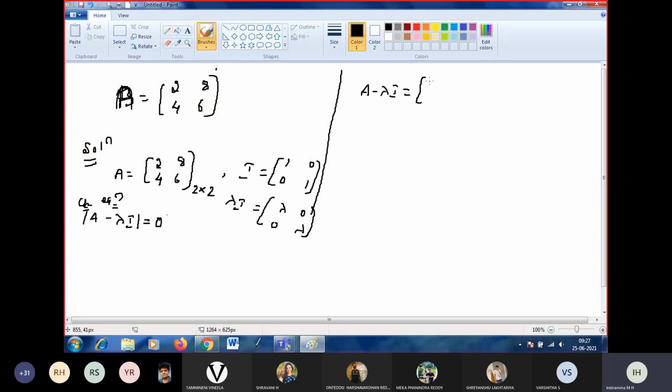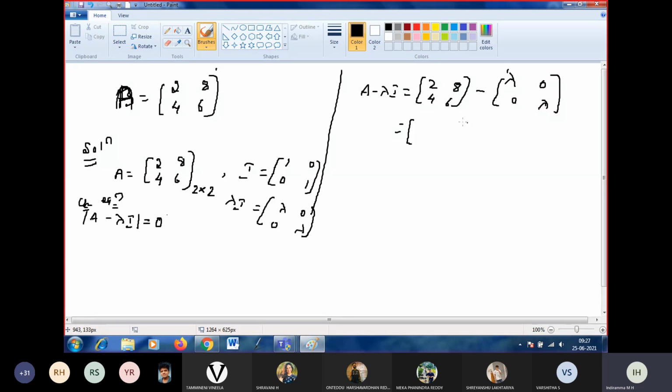A is the matrix 2 8 4 6, minus lambda I. Lambda I is lambda 0 0 lambda. If two matrices are of the same order, we can subtract.